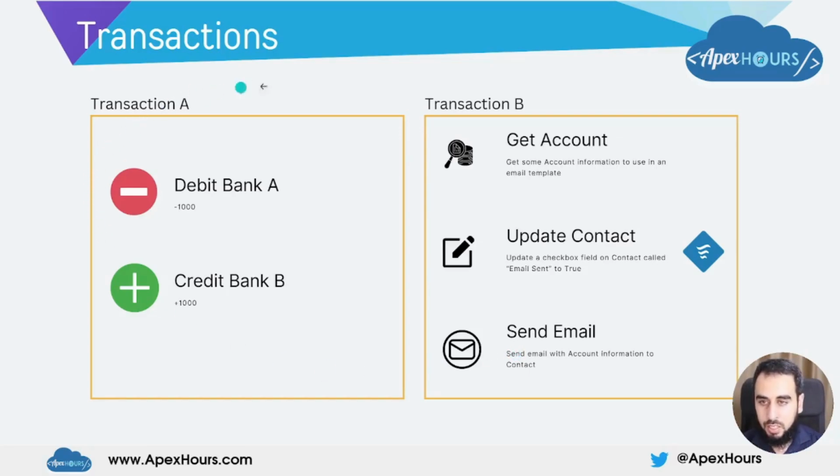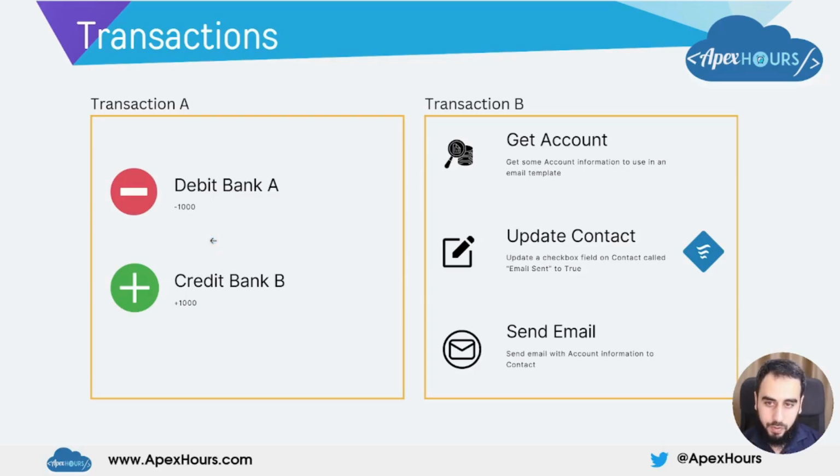In this case, the need might not be very obvious, but here it is going to be very obvious. Assume that we have two operations. One operation where we deduct $1,000 from bank A. This is like a money transfer. And then that $1,000 needs to be transferred to another bank, so it's entered in another bank. We're deducting 1,000 from here, and then we are adding that 1,000 into another bank.